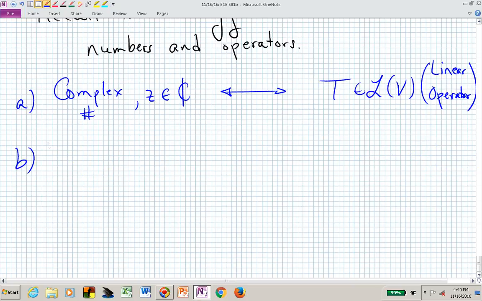Now if I said, what about the complex conjugate? Or now Z star.